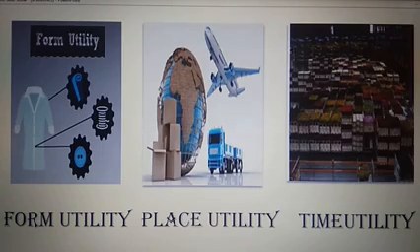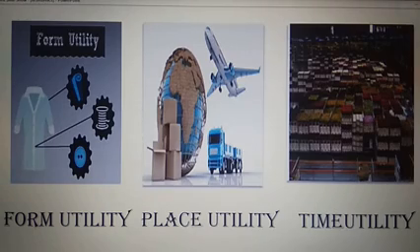It is transported, so that is place utility. The last one is time utility. Utility of goods or services created by their availability at a particular time. That is the time utility. Okay.